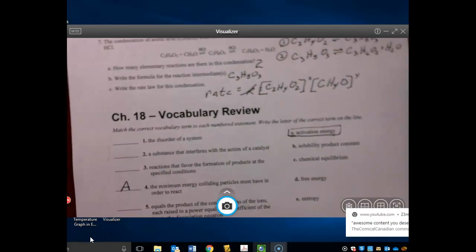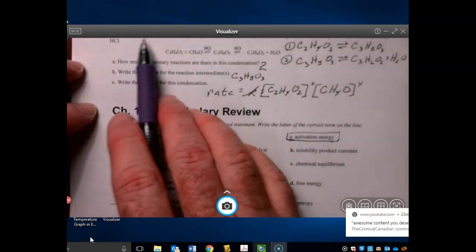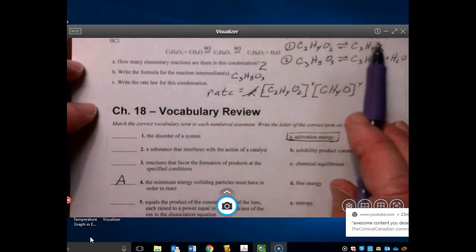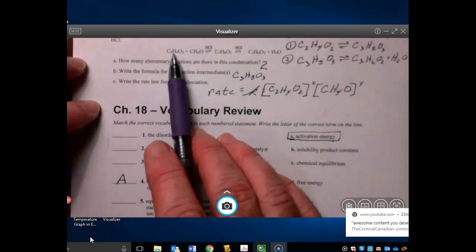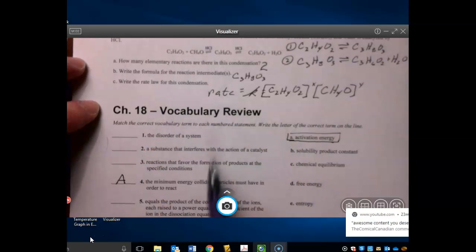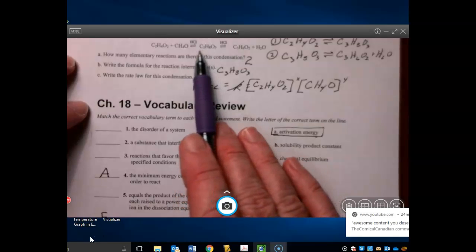And then, let's see, there was another question on your quiz. The condensation of acetic acid with methanol to form methyl acetate in water is catalyzed by HCl. Okay, here's the reaction, and now I rewrote this reaction to make it look a little bit easier to follow.